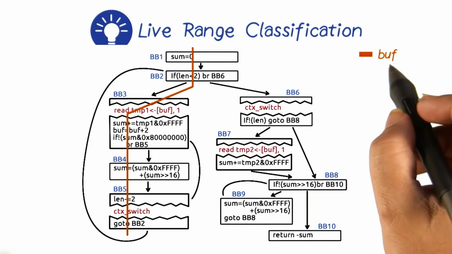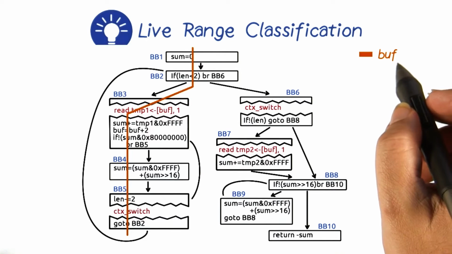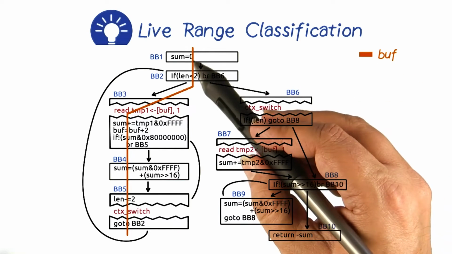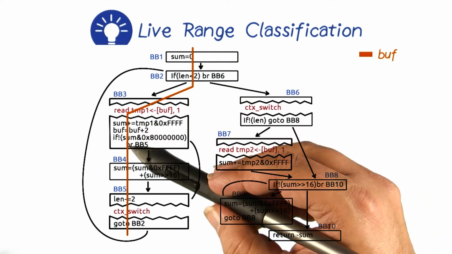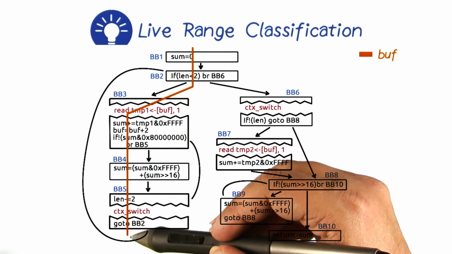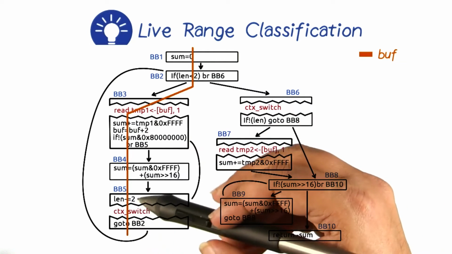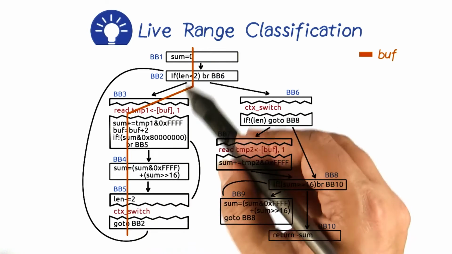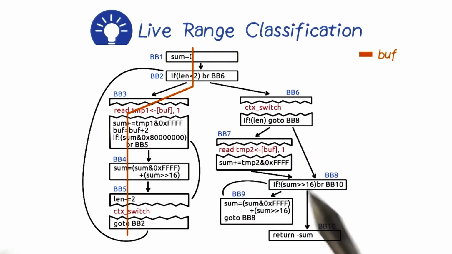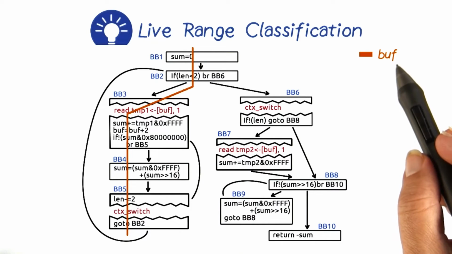In this particular example, the first live range is for a variable buff that we find here. You can see that it starts here and goes way across the context switch region. In fact, it could go across the second one also. And this is now a live range which is live across the context switch regions, and the node corresponding to this will be a boundary interference node.